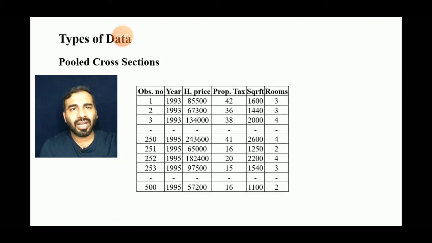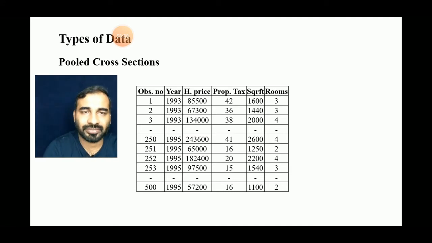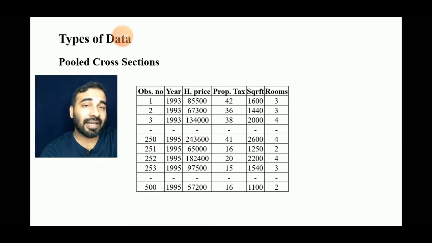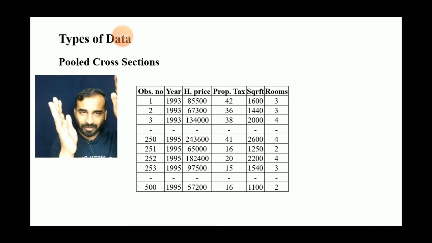How does this data look? You can check this table. We have 500 observations, 1, 2, 3, 4, 5 up to 500. But look, observations 1, 2, 3 were collected in the year 1993: 1993 first household, 1993 second household, 1993 third household, up to 250 households in 1993.